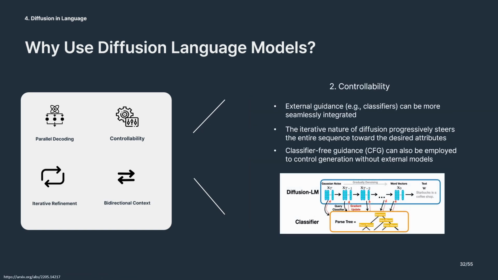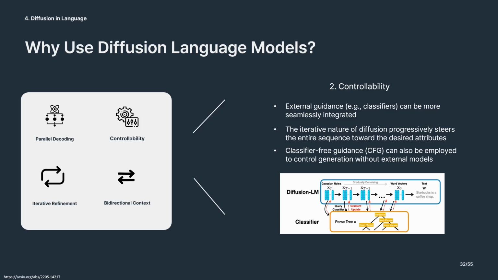The second major strength of diffusion-based language models is controllability. Diffusion models are particularly well suited for controlled generation. Thanks to their iterative refinement process, we can seamlessly inject guidance signals, for example from classifiers or attribute models, at every generation step. This allows the entire sequence to be steered progressively toward the desired attribute, such as sentiment, topic, or syntax.